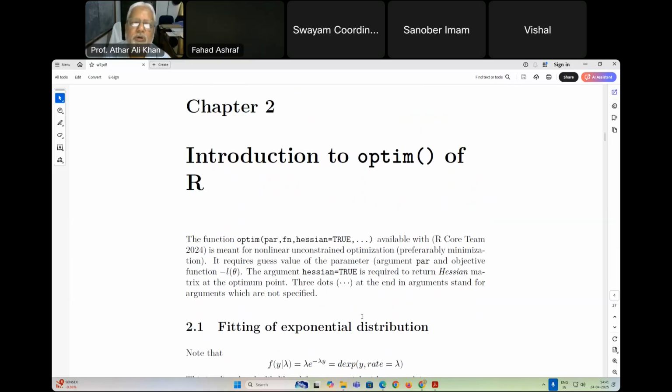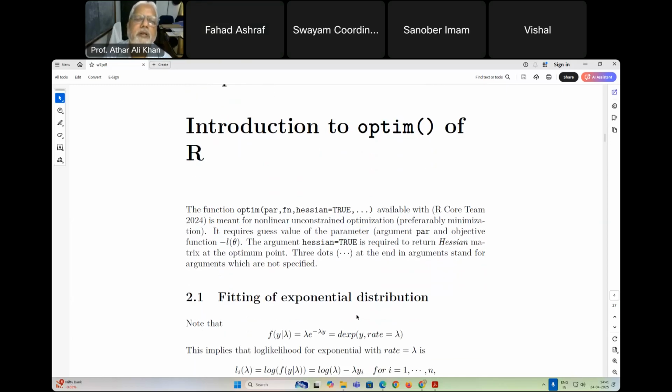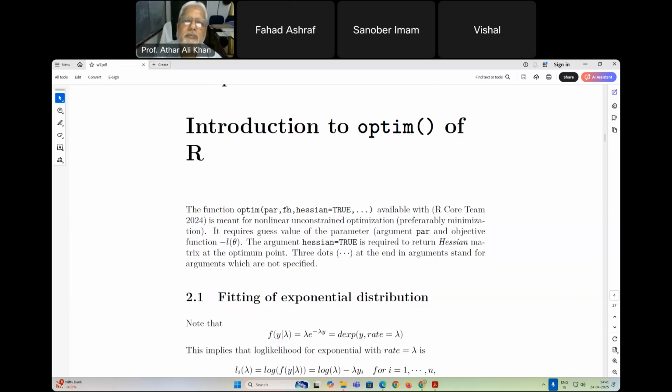Now I'm going to talk about how to implement these things using optim. The function optim, whose first argument is par, the guess value of the parameter, and fn, the function to be minimized or maximized. Hessian equal to TRUE is a logical variable. If Hessian is equal to TRUE, then it returns the Hessian matrix also. It is available with the R core team, that is base R, and is meant for nonlinear unconstrained optimization, preferably minimization.